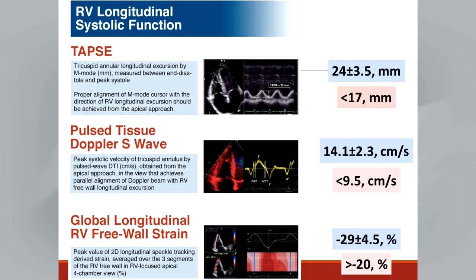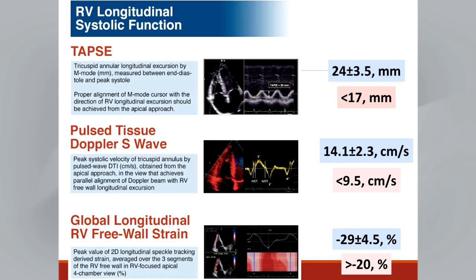Regarding right ventricular longitudinal systolic function, we recommend that at least two of these parameters should be considered for an echo report. We have the measurement of TAPSE, which is done with M mode, and you can see that this is a measure of right ventricular longitudinal function.